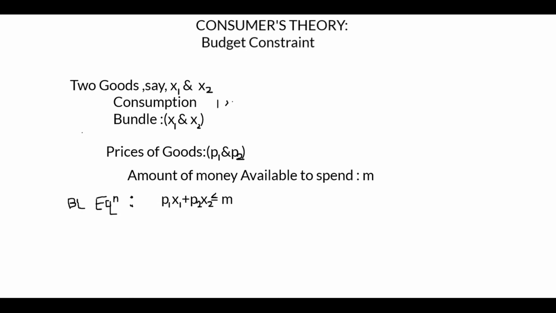Let's suppose we spend all of our money on good x1, then we get the intercept M by P1, and the same with good x2, where we get the vertical intercept as M by P2. We can also find the slope of this line using our maths, and we get the slope of this budget line as P1 by P2 with a negative sign.